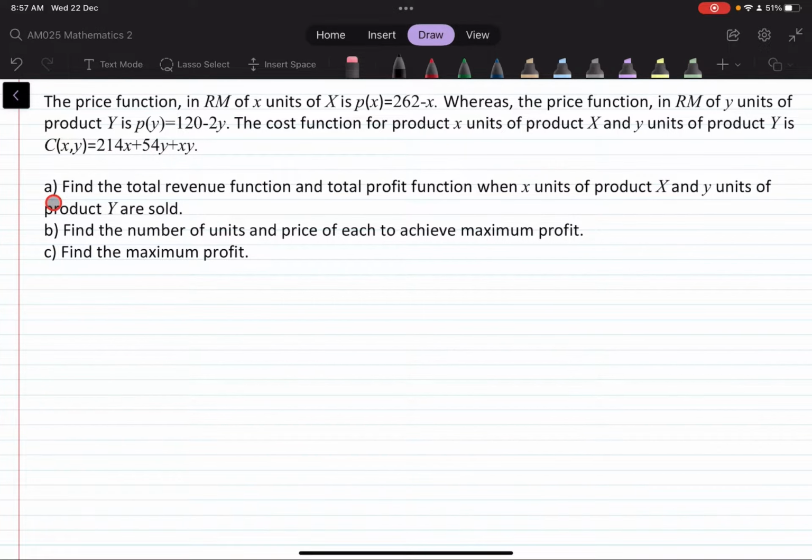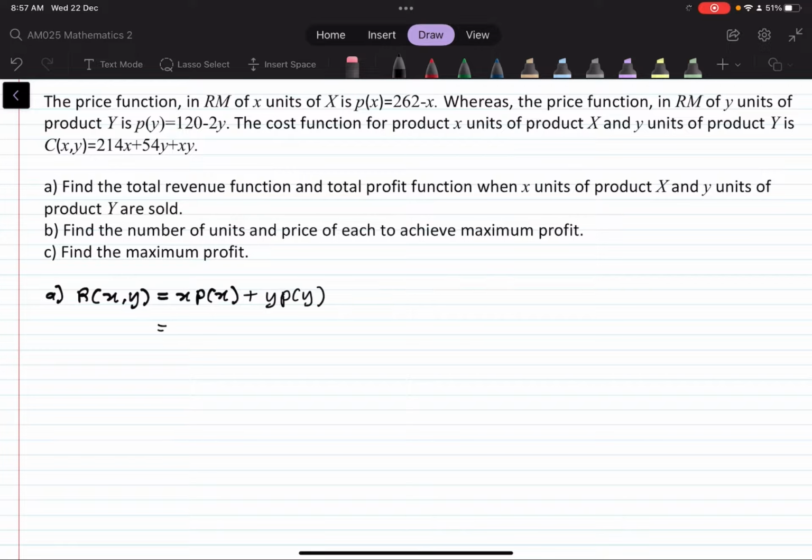The first question: find the total revenue function and total profit function when x units of product x and y units of product y are sold. To find the revenue function, we combine the two price functions and multiply by x and y respectively. So revenue equals x times Px plus y times Py.